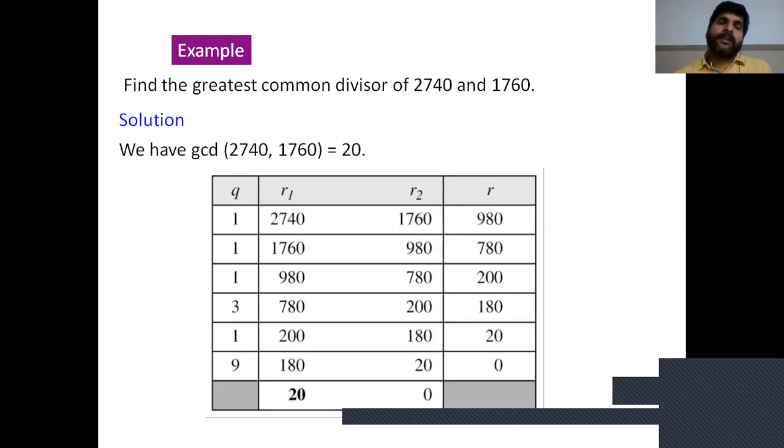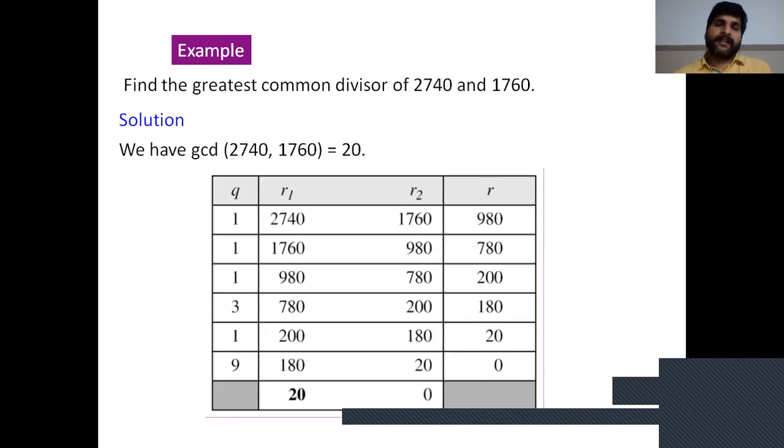980 divided by 780 gives 1 time 780, so the remainder is 200. Now R1 stores 780 and R2 stores 200. 780 divided by 200 is 3 times, 3 times 200 is 600, so the remainder is 180.